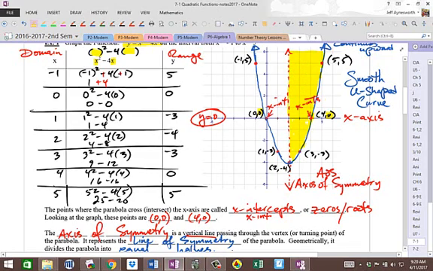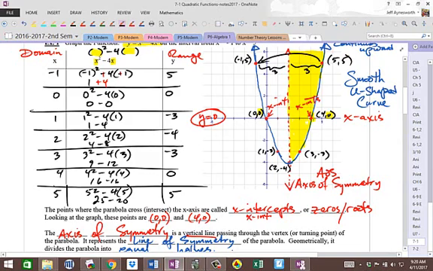That's symmetrical to the left half, which means that we can reflect points about this line of symmetry and find additional points. So for example, this point right here, notice that it's 3 units from the line. Well, I can reflect it over here and go 3 units on the other side and get what's called the point of reflection.